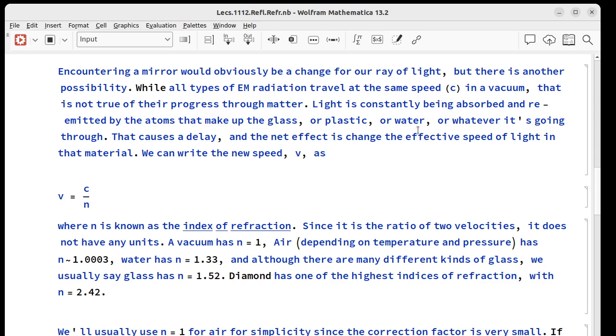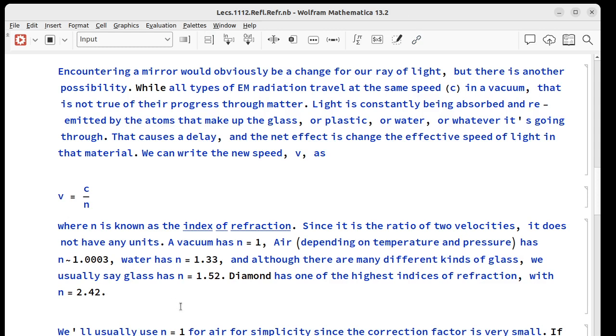So we can write the new speed as v = c/n, where n is the index of refraction. Since it's the ratio of two velocities, it doesn't have units. A vacuum has n equals 1. Air, depending on temperature and pressure, has n very close to 1, maybe 1.0003.